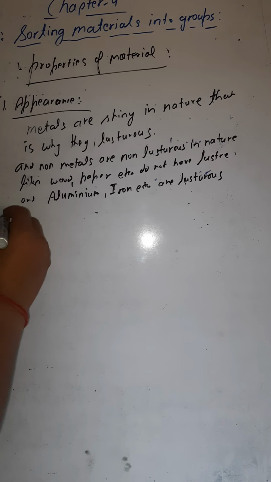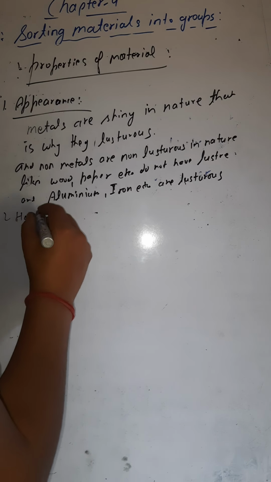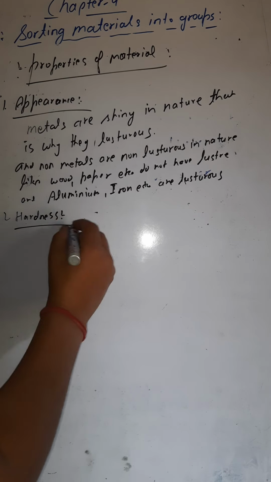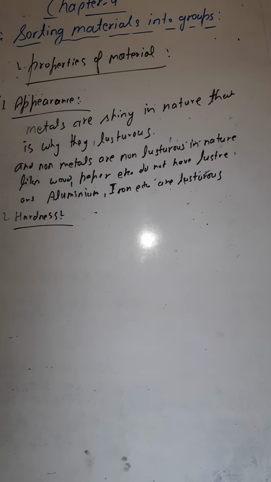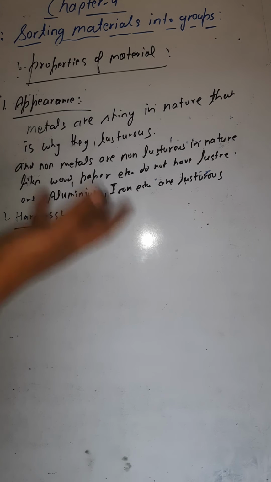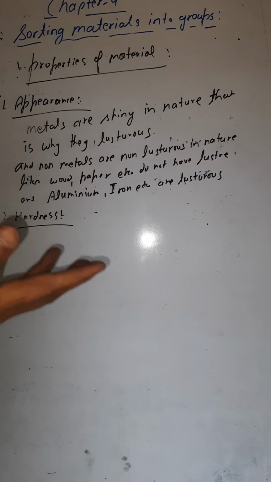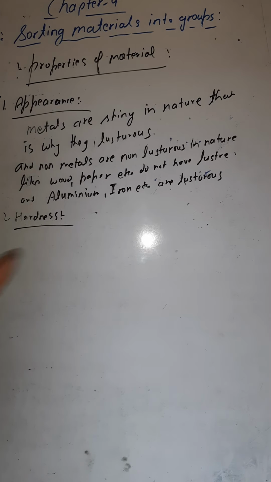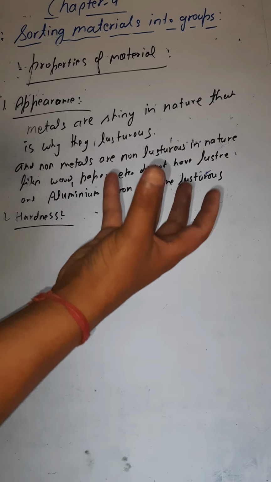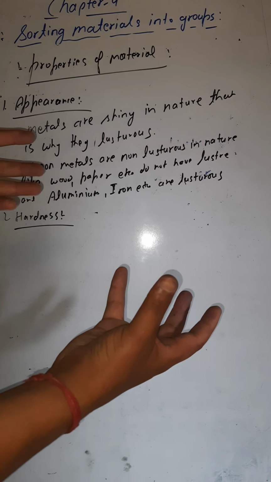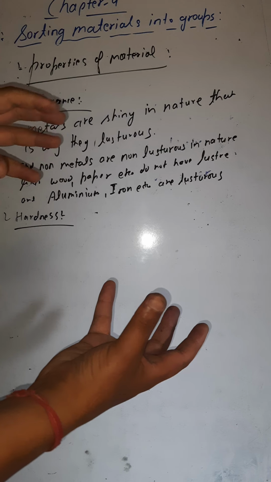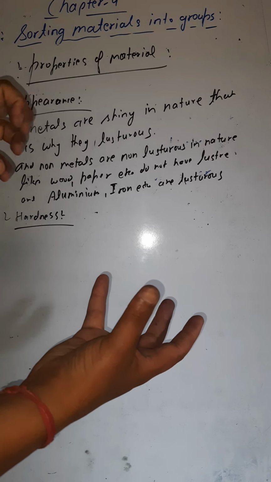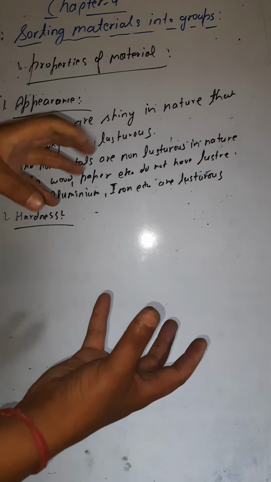The second property which you have to know is hardness. Some materials are hard in nature, and some are very soft. Suppose you have cotton and a glass. You can easily compress the cotton.